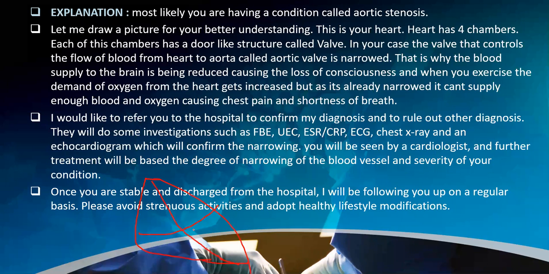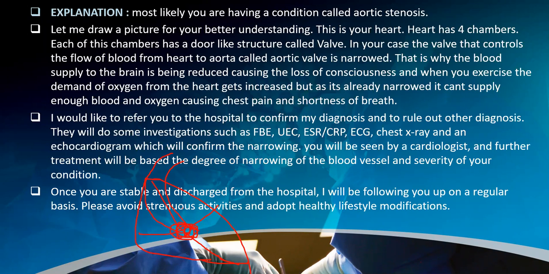Each of these chambers has a door-like structure called a valve. In your case, the valve that controls the flow of blood from your heart to your aorta, which is your big blood pipe that supplies all your body, is narrowed. So when you explain, you also draw. Okay, so you have 4 chambers in your heart.